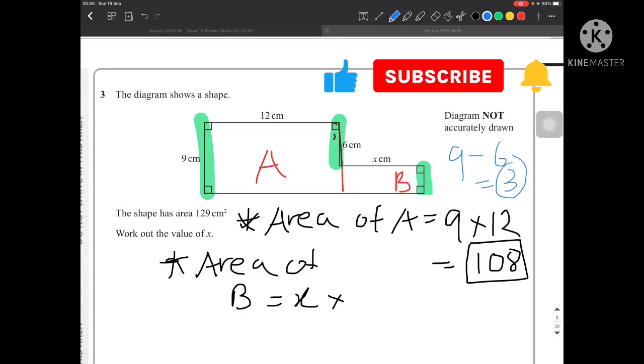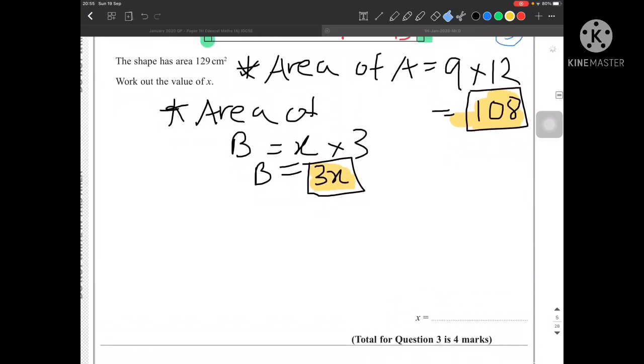So this part is 3, so let's include that. So area of B equals 3x. So this total area, including the area of this plus area of this, gives us 129. So let's write that down.